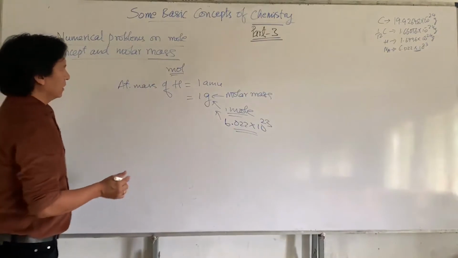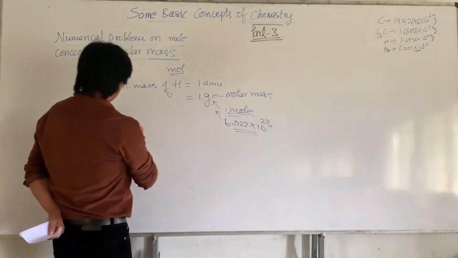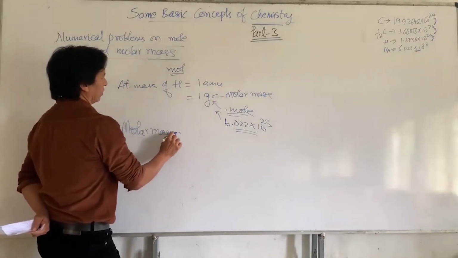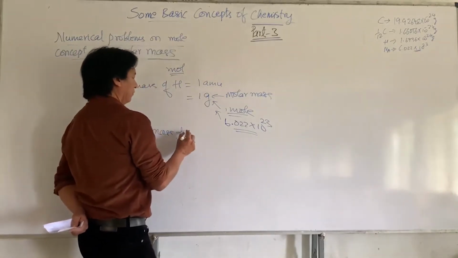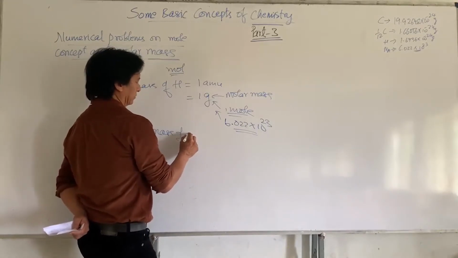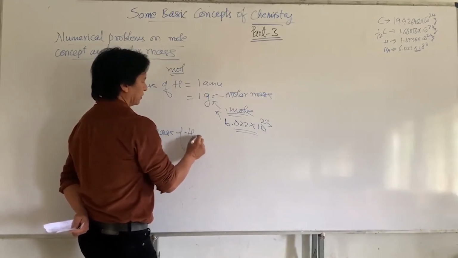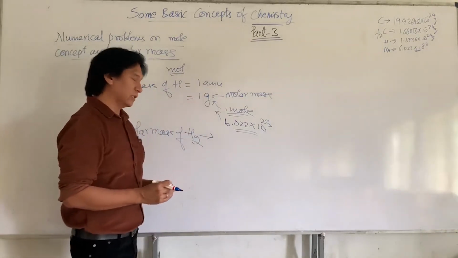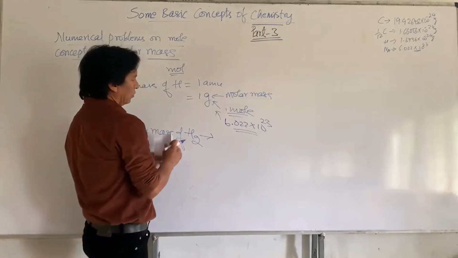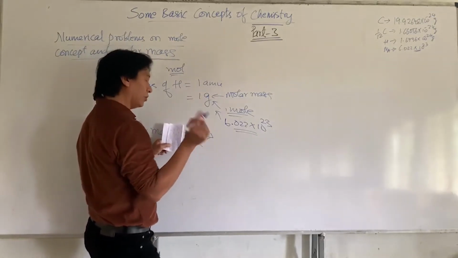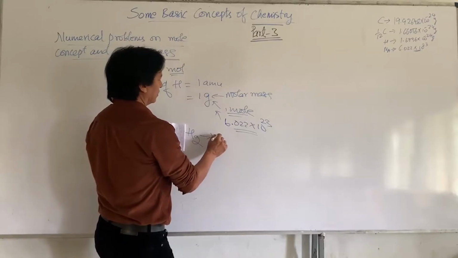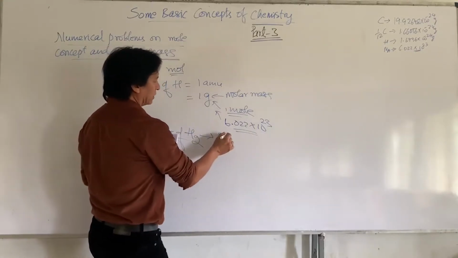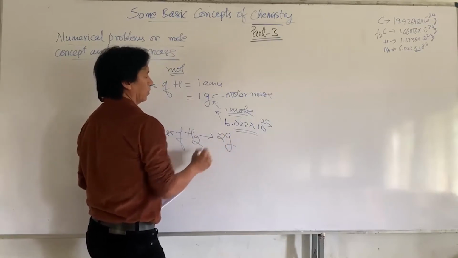That's it. Got it. Now, you can straight away write, for instance, the molar mass of dihydrogen. When I say molar mass, the mass has to be expressed in terms of grams. Now, the molecular mass of hydrogen, there are 2 atoms of hydrogen, so it becomes 2 amu. And when you express this in terms of grams, it becomes the molar mass.